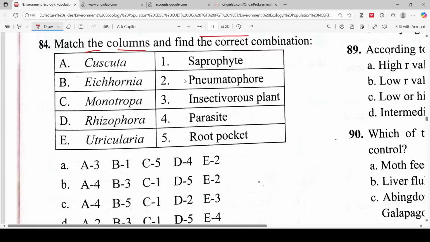So you have to choose the correct answer. A matches with insectivore.